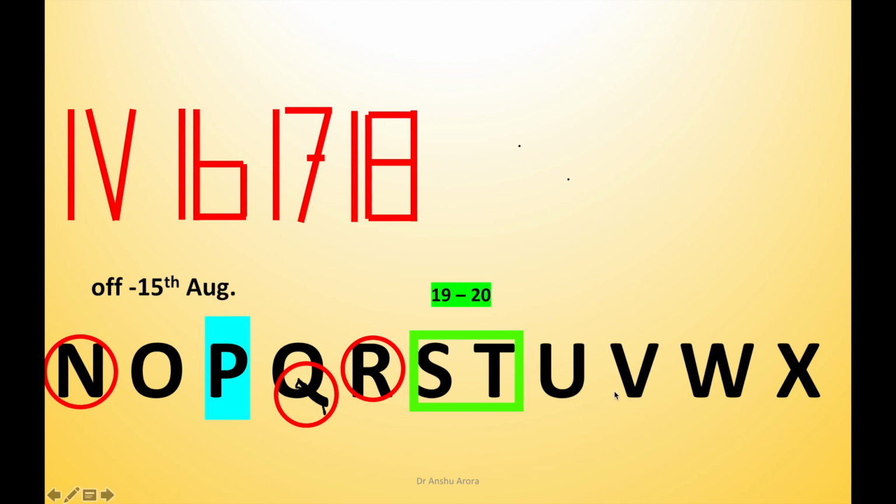Now coming to Yuvraj. At what age did he enter cricket? 21 and a half. That makes it easier for us, U is 21 and V is 22. Also, V has two lines, so 1 plus 1 is 2 any which way. But coming towards the end, this becomes 22.